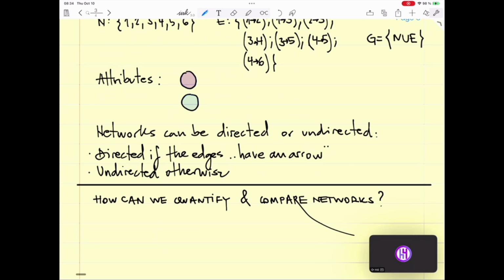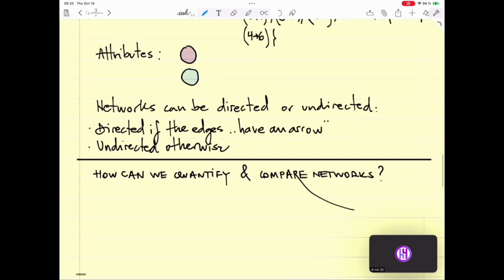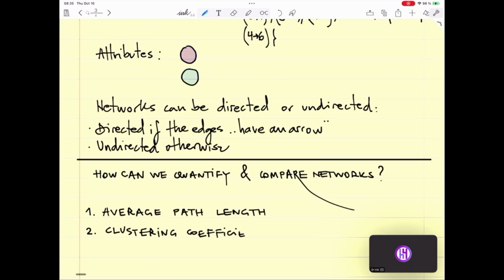Okay, so we use 3 KPIs for that. The first one is called the average path length. The second one is called the clustering coefficient. The third one is called the, sorry, the degree distribution.